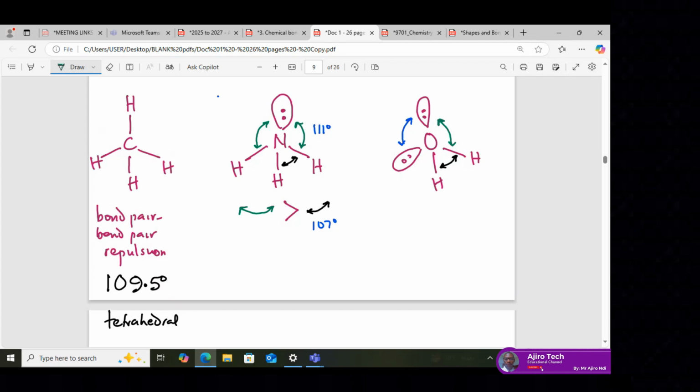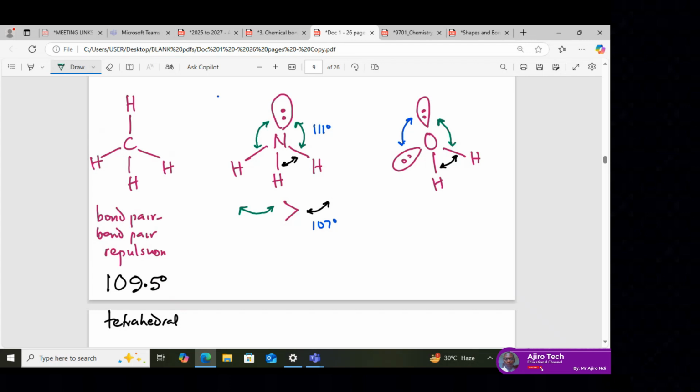Ammonia has lone pair, bond pair repulsion in addition to the bond pair repulsion found in methane. And lone pair, bond pair repulsion is stronger than bond pair repulsion.